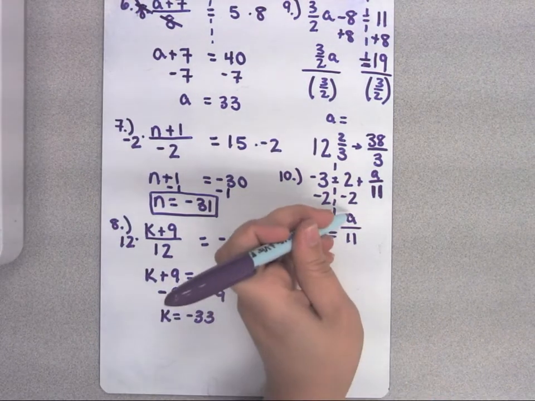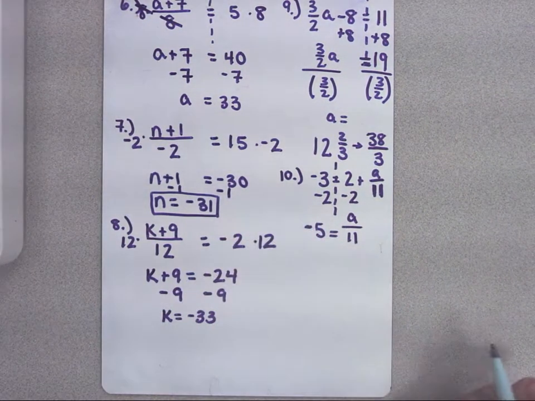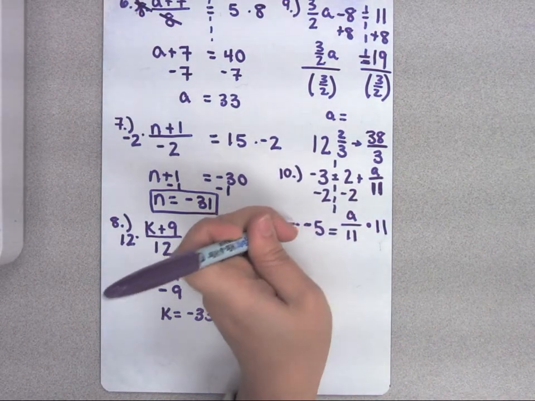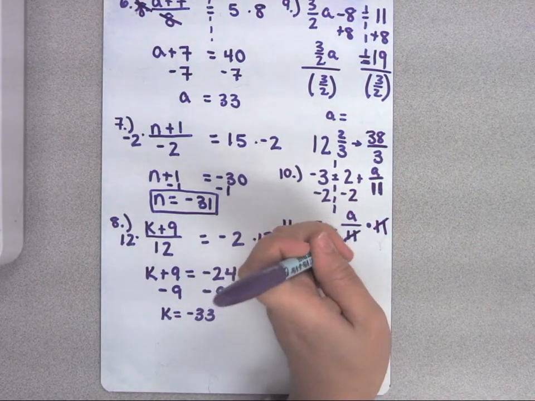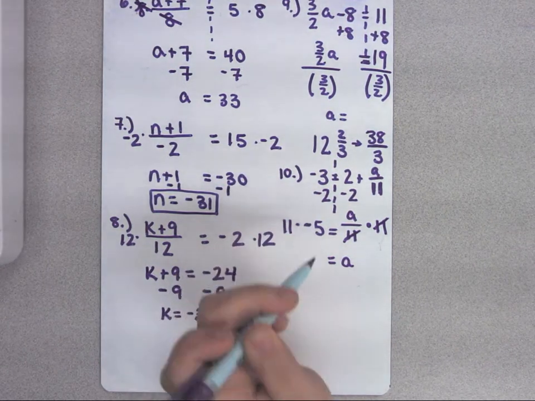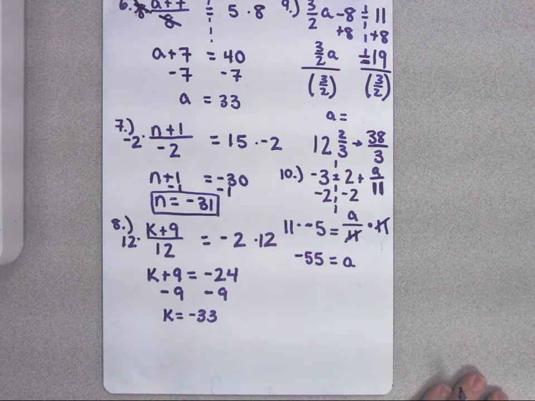Now it says A divided by 11. How do I get rid of A being divided by 11? Multiply both sides by 11. These 11s cancel out. You're left with A equals, what is 11 times -5? -55. And that is your answer.